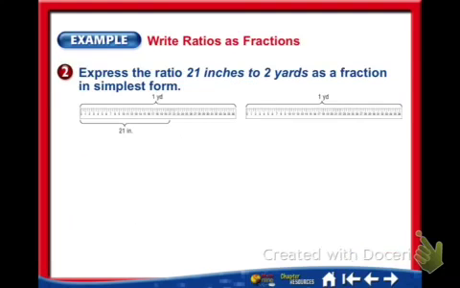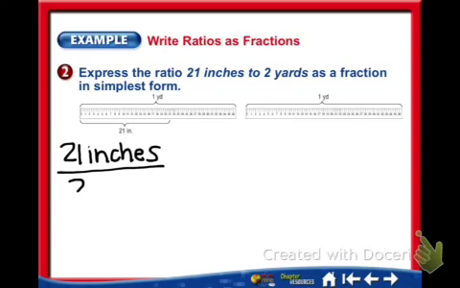Express the ratio 21 inches to 2 yards as a fraction in simplest form. 21 inches to 2 yards.